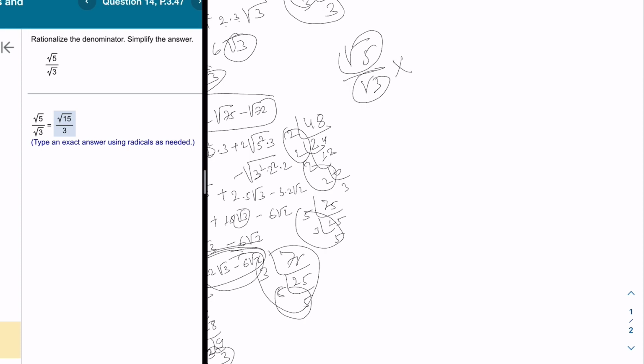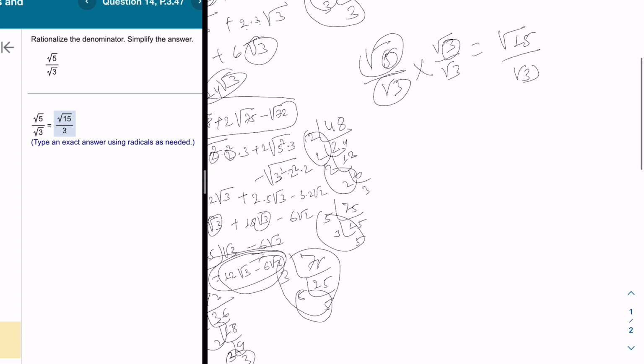So it's like multiplying and dividing by the same term, like root 3 by root 3, which gives root 3 into 5, 15 root 3, and root 3 squared. So this goes, and the last answer will be this.